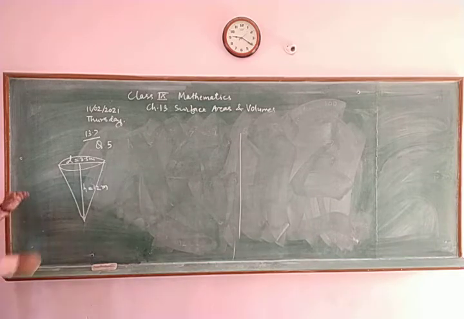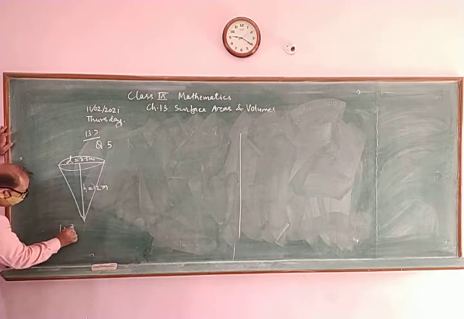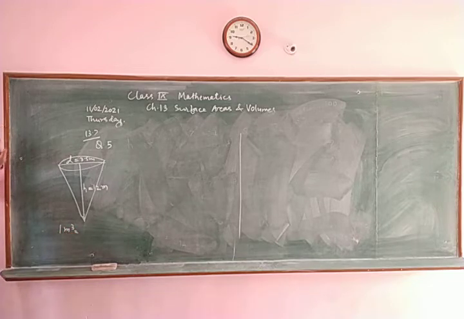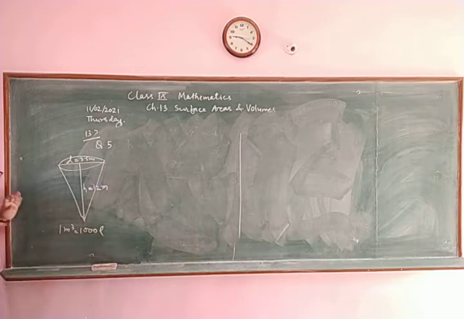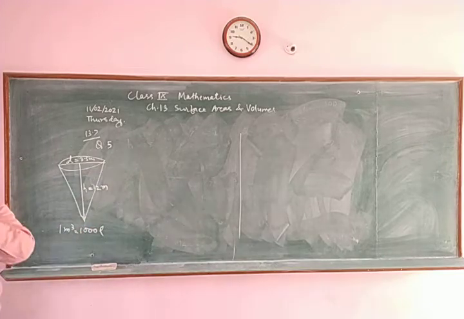Very small thing. 1 cubic meter is equal to 1000 liter. What do you mean by kilo? Kilo means 1000.